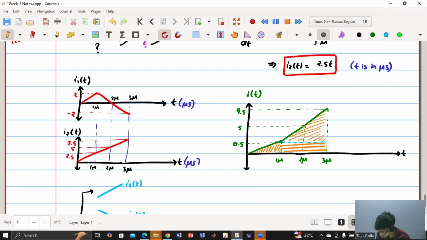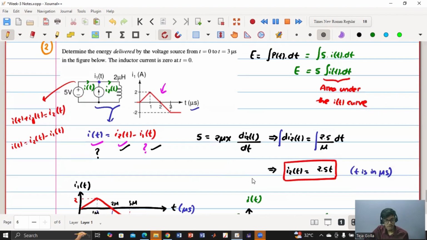What is the base of this? 1 micro, and height is 0.5. Here the base of this rectangle is 2 micro, height is 0.5, and the height of this triangle is 9. Right.